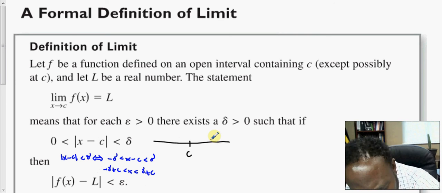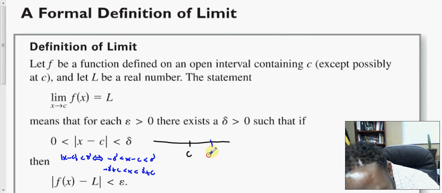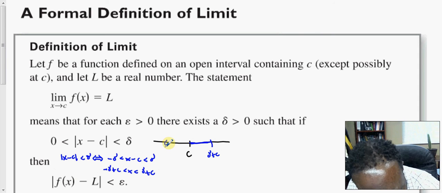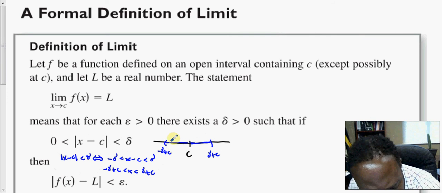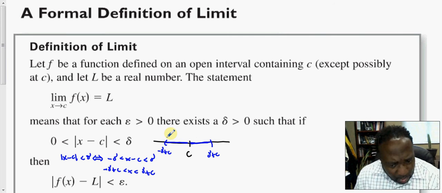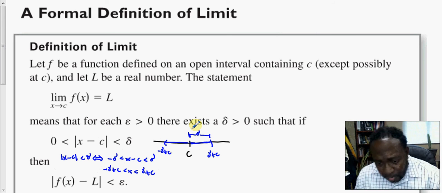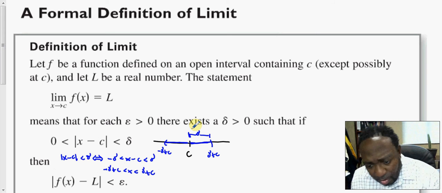So the neighborhood that we have here is said to be delta plus c, this area here, and then we have another neighborhood for the interval of negative delta plus c on this side. And so now watch this, because this distance that we say here is a distance of delta. So delta becomes the radius.